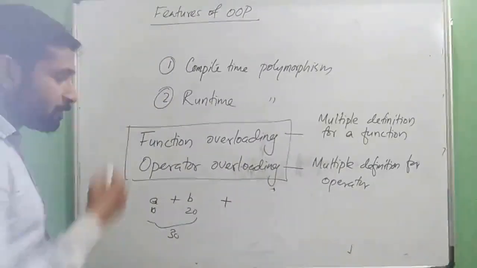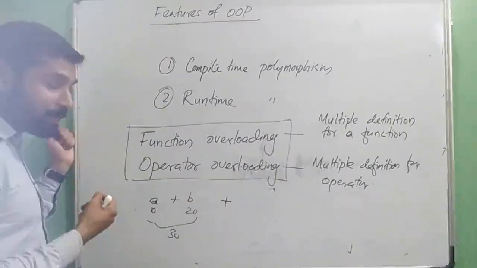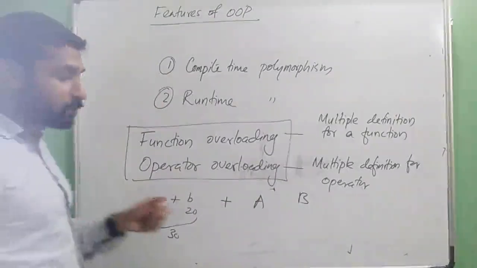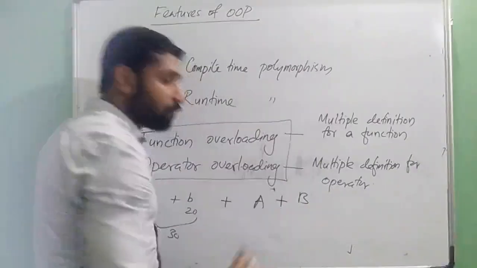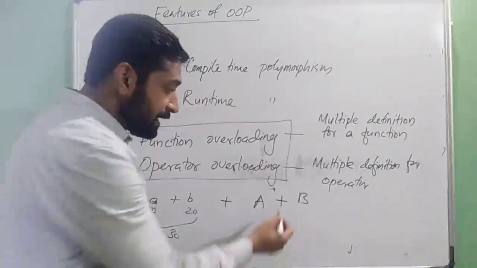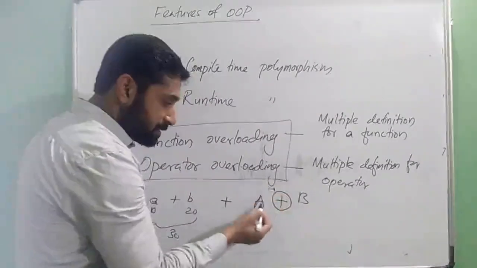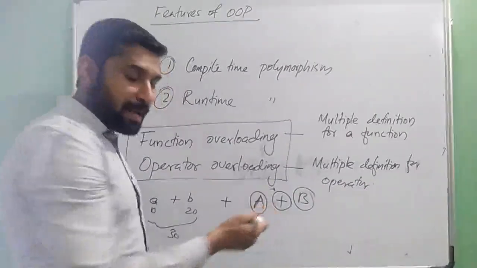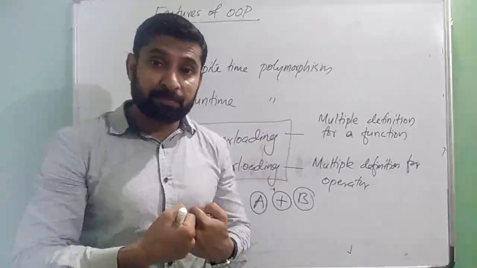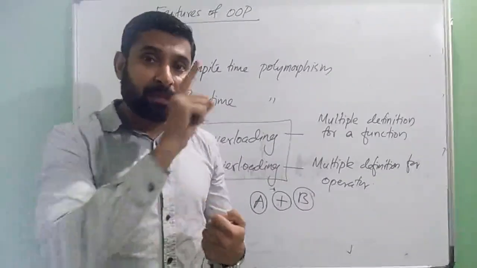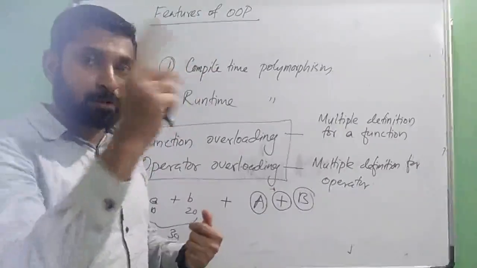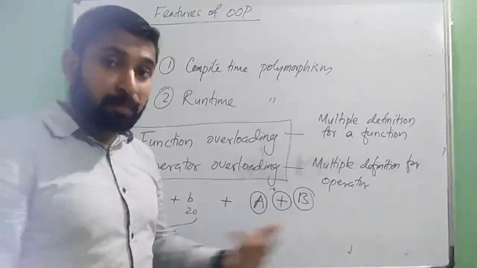Now suppose we have a class called matrix, and a is a matrix and b is another matrix. If we write a plus b in our program, here plus means addition of two matrices. Corresponding row and column elements are added together and it creates another matrix.